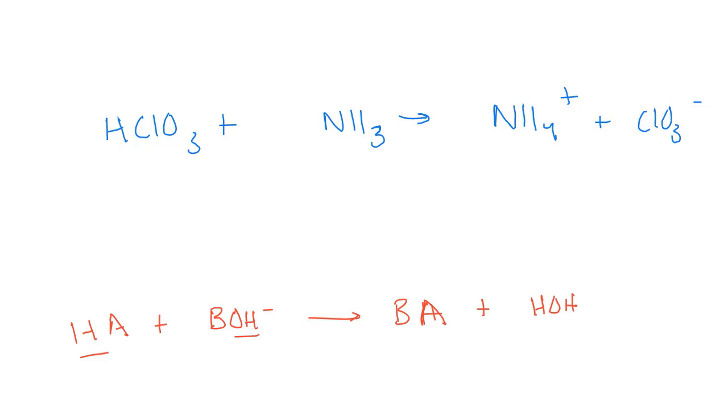So the H combines with the OH, that basically is H2O. And this is your salt. So this is what would happen if you have a base that looks like this. Since ammonia doesn't have a hydroxide group, it will not form water.